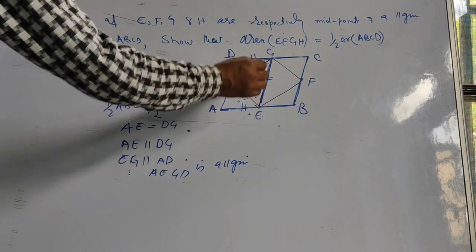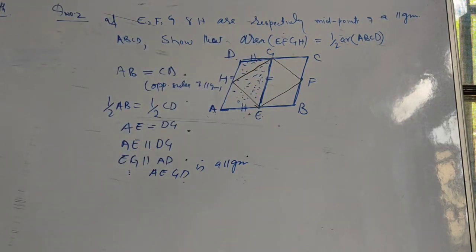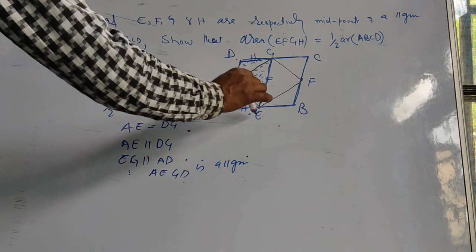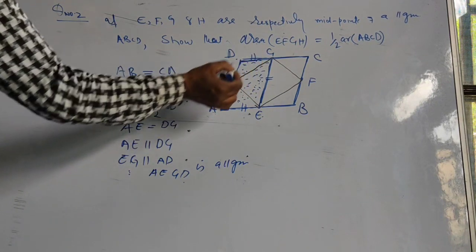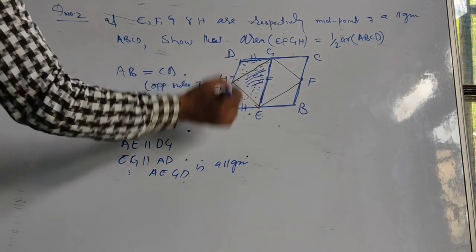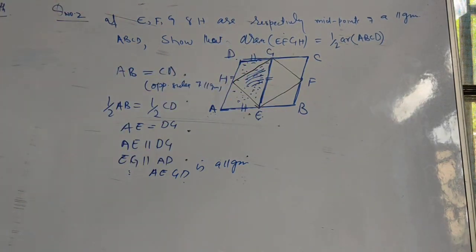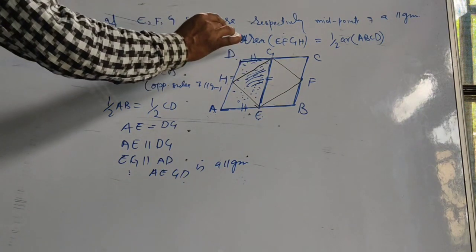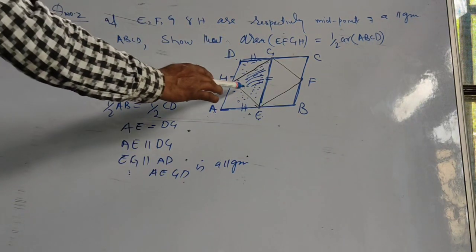HEG is a triangle, and parallelogram AEGD. What will you see? This triangle HEG and parallelogram AEGD are on the same base and between the same parallels.